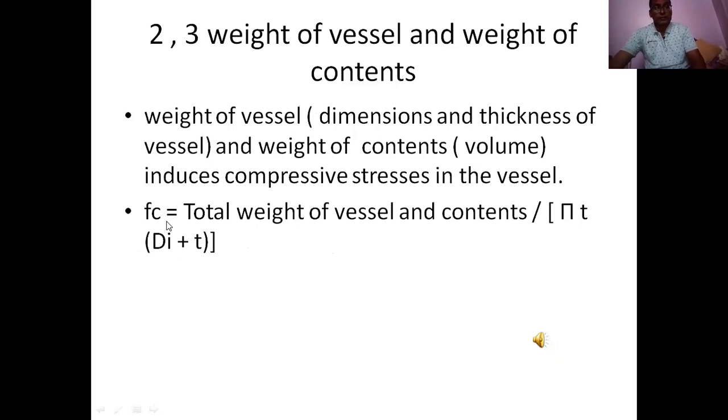Fc is the stress because of the vessel weight, and it is compressive in nature. That means it is compressed because of the weight of the vessel. Weight itself is acting and going to compress. That means the load is completely occurring on the bottom section; all the load is exerted on the bottom section.